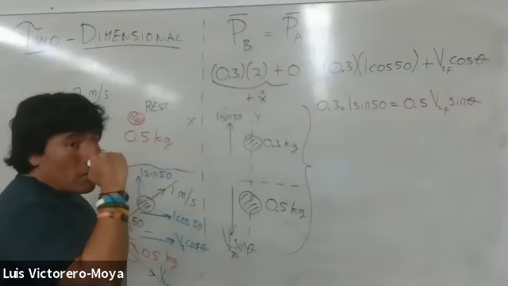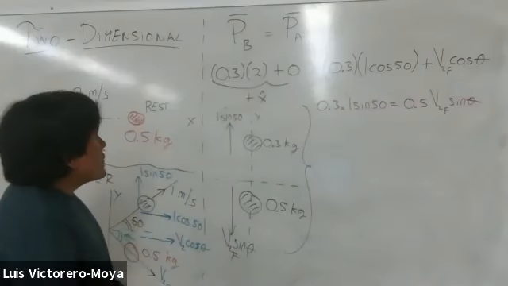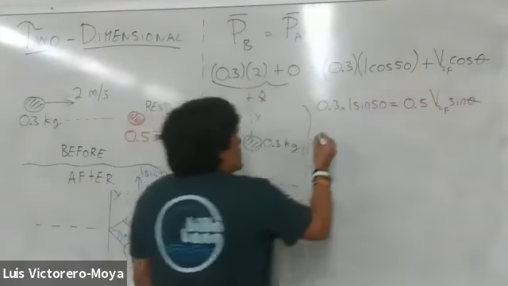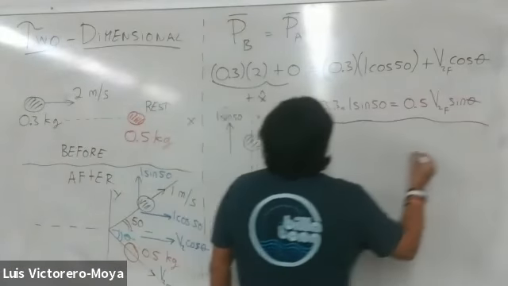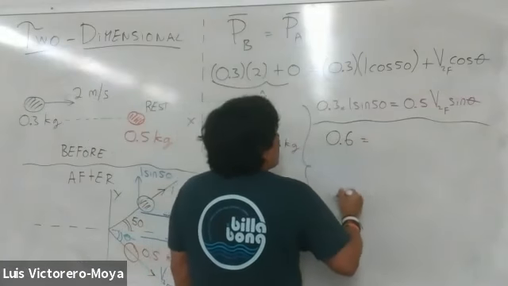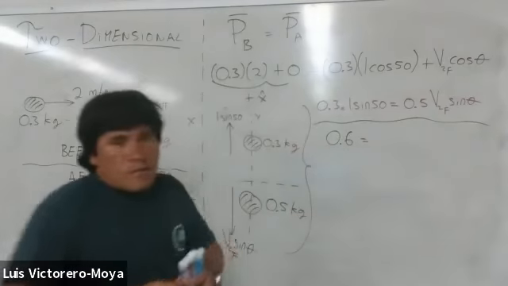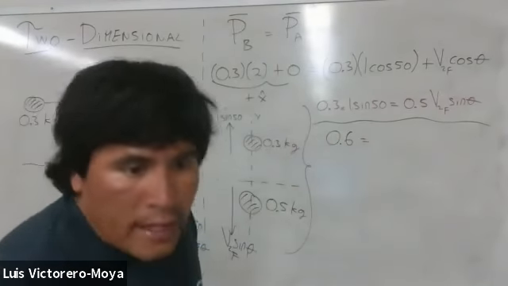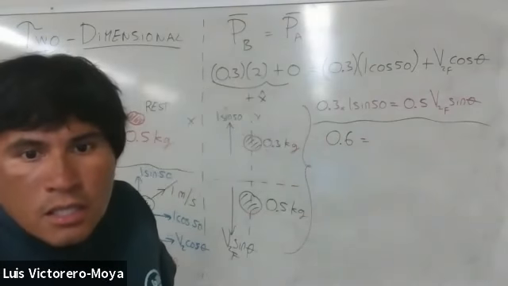Two equations, two variables. Let me show you how you're gonna solve them. 0.3 times 2 is 0.6. So I can rewrite the equations as 0.6 equals, okay, cosine 50, you have to use a calculator for that, and you're gonna multiply that by 0.3.